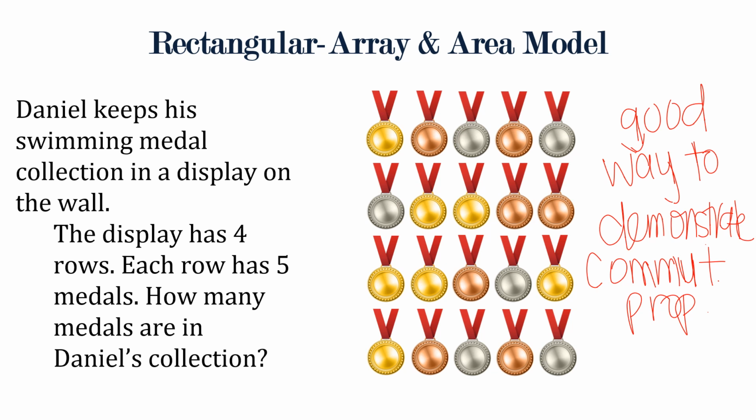I was reading in the article that was written about using rectangular arrays to teach multiplication. It said that this is a good way to encourage spatial learning for kids. So spatial meaning like being able to visualize, like if you switch the rows and the columns.